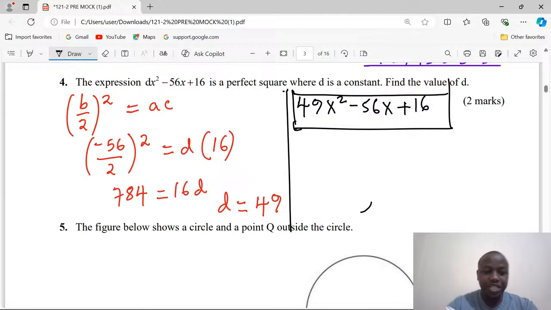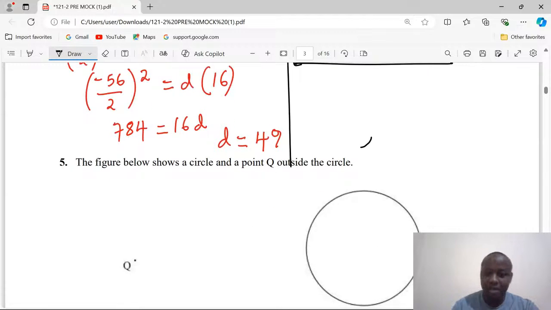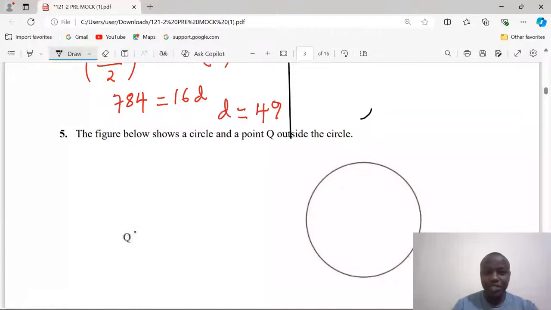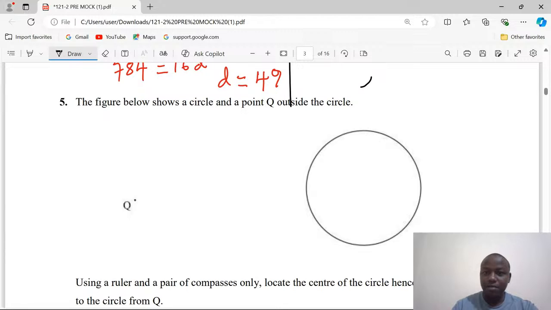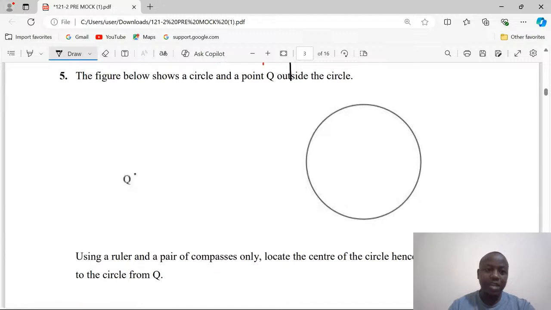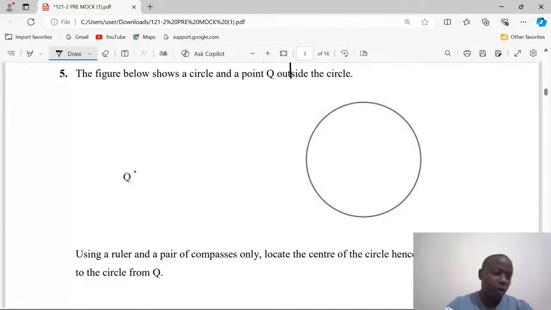We can proceed to number 5. Sometimes we are having geometry questions, and it might not be very effective for us to construct on the screen, but all in all, I'm going to give a proper guidance so that you may know what to do.